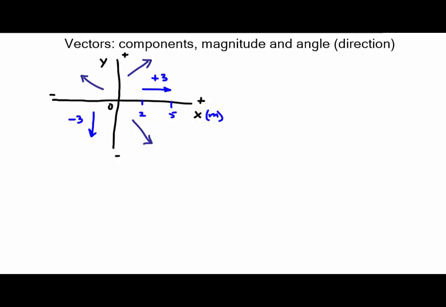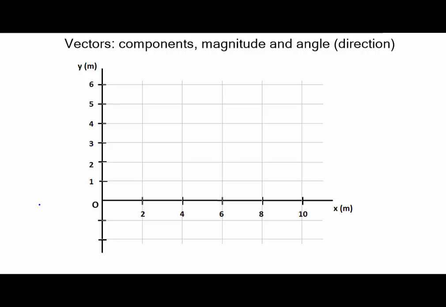and direction. One way to do it would be to specify the components of the vectors along the coordinate axes. So I could say that I start here at the origin, and then I go 8 meters along the x-axis in the positive direction, and also go 6 meters along the y-axis in the positive direction. So I would end up here.